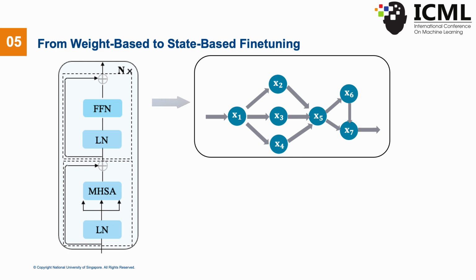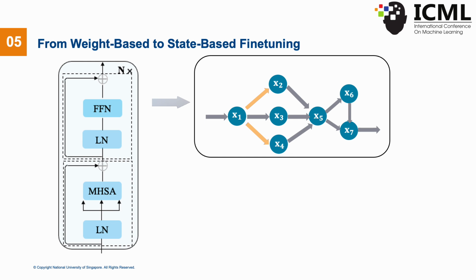For example, here I plot a graph where the state flows through the attention block and then flows through the MLP layer. So what LoRA does is try to modify the flow map between two states, for example, the Q and the V states here.